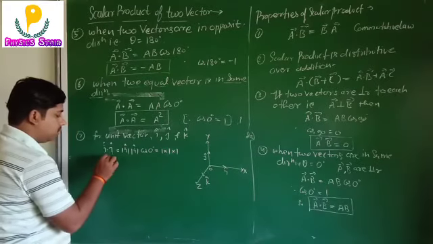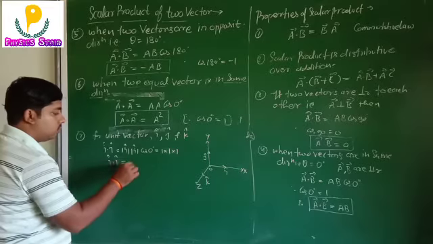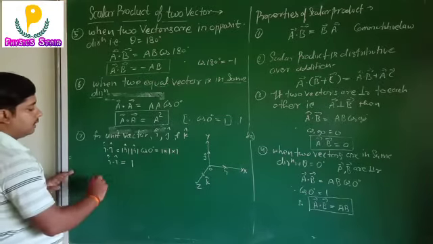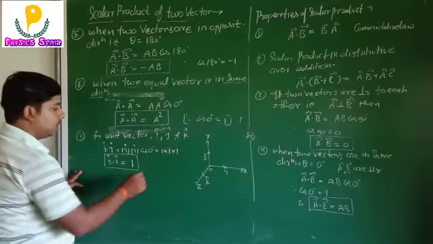So the scalar product of the unit vector with itself is equal to 1. So I dot I is equal to 1.